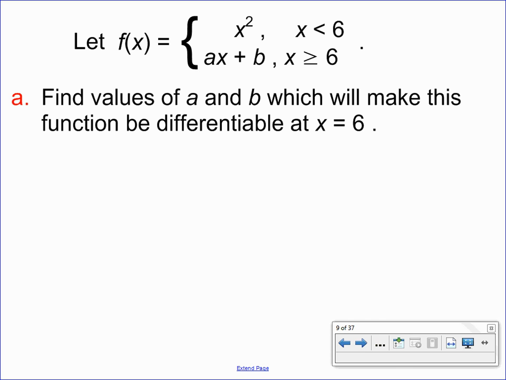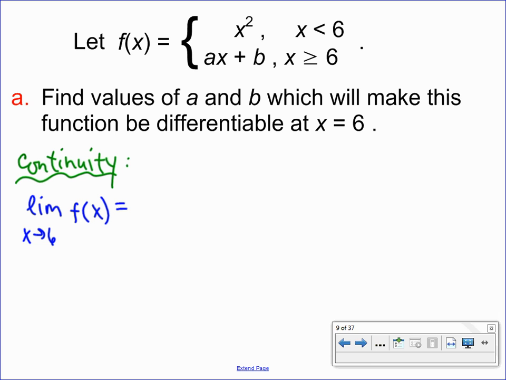And so let's go ahead and consider continuity as my first requirement. In order for a function to be continuous, the overall limit as x approaches 6 of f of x must be equal to the value of the function at x equals 6.